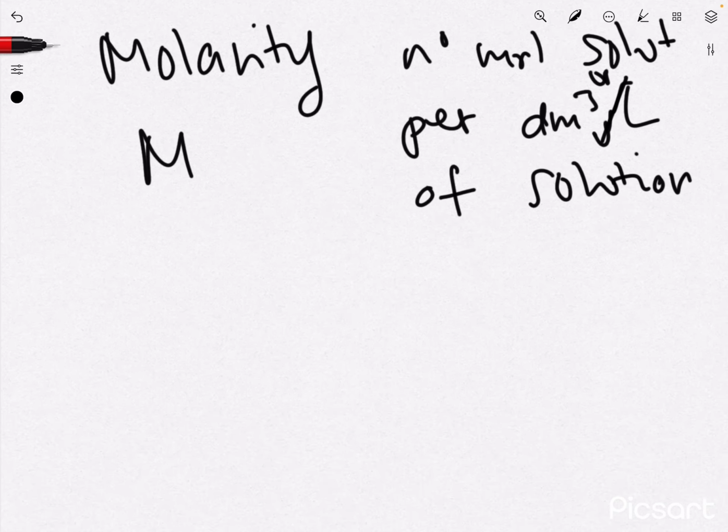So if you are wanting to find, for example, the grams per decimeter of a solution, you should measure your volume in centimeters cubed and then divide that by 10 to the power of 3 to convert to decimeters, and then proceed in your calculations.